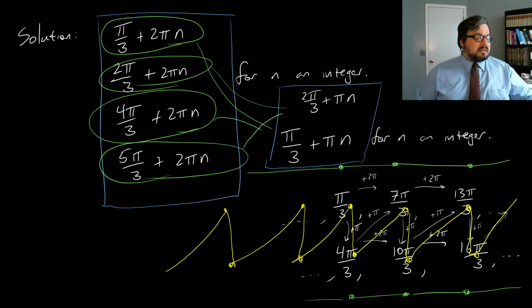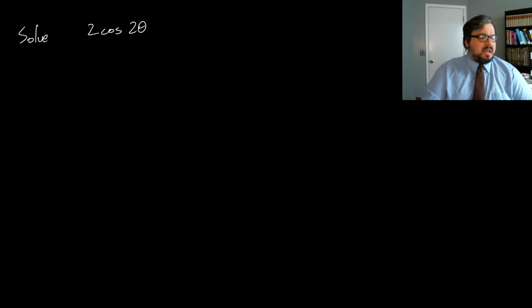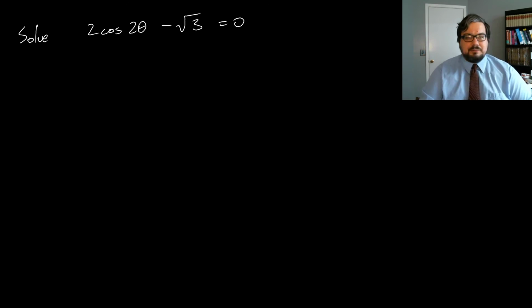All right, let's see an example of what happens when the variable appears inside the trig function, but not by itself. Let's solve the equation 2 cosine 2 theta minus square root of 3 equals 0.